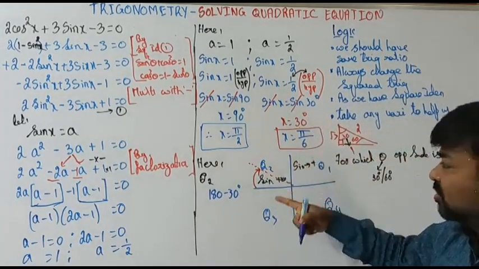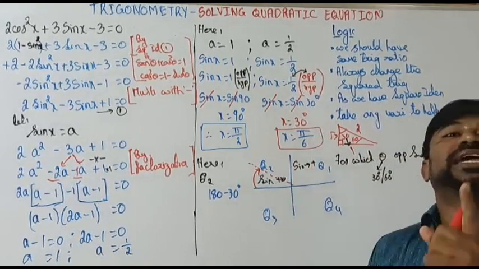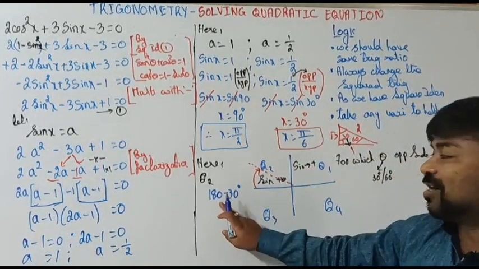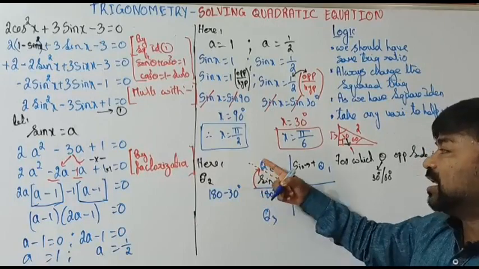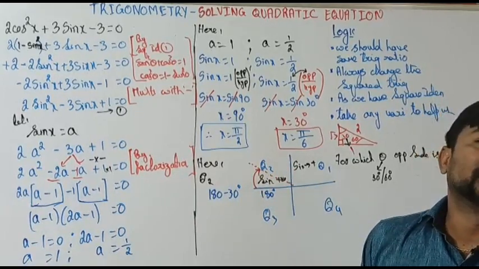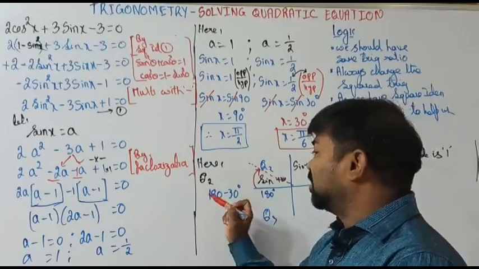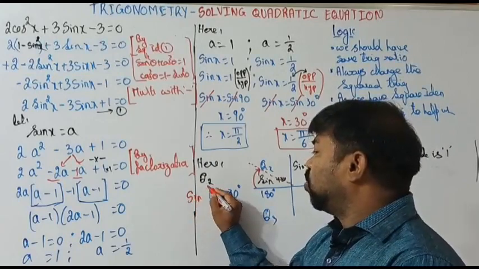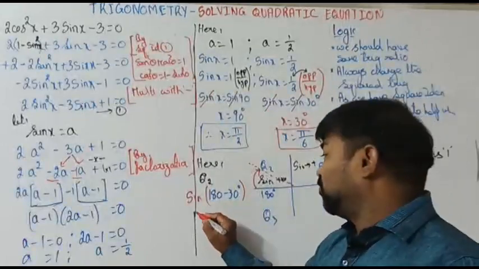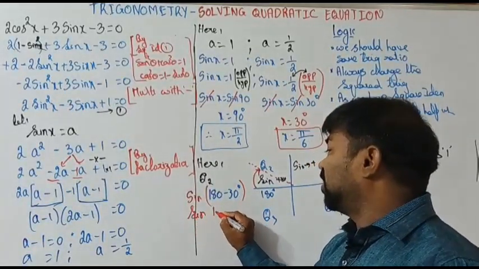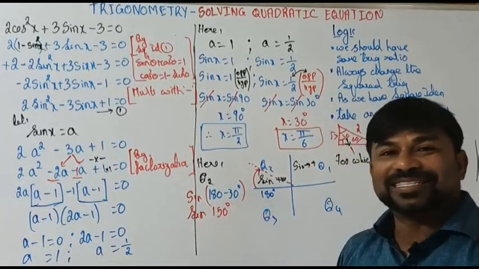Because this is 30 degrees and sign is positive in the second quadrant also. Second quadrant means pi, this is 180 degrees, you know that. 180 minus 30, sine of 180 minus 30, is nothing but 150 degrees.